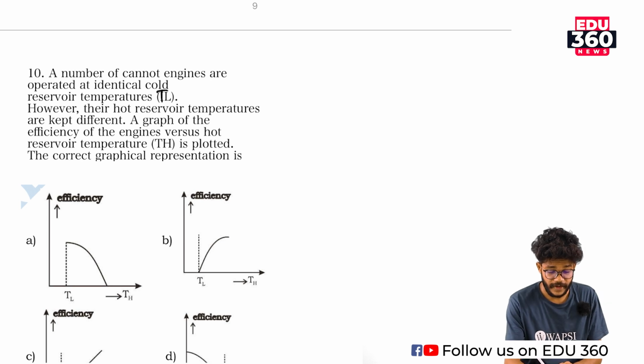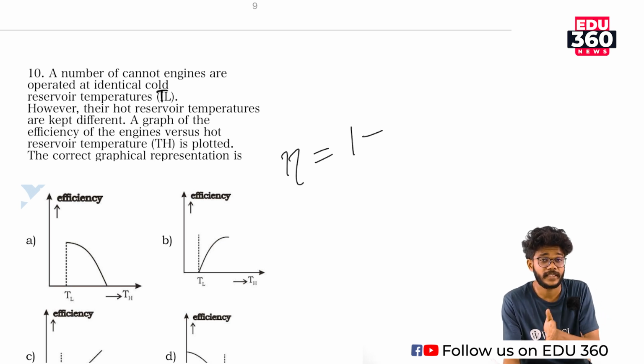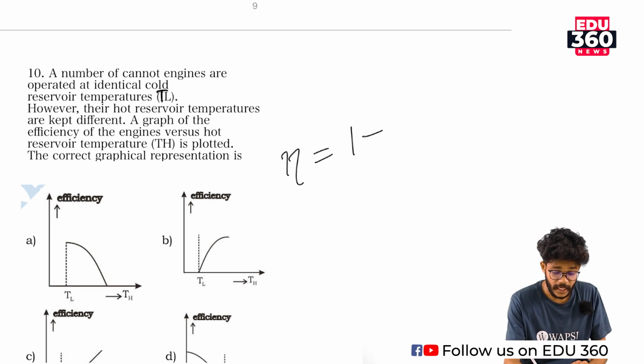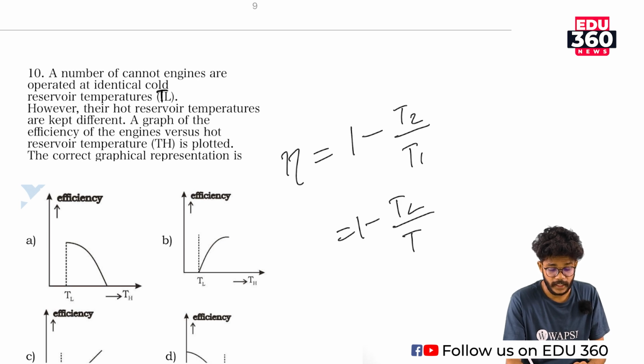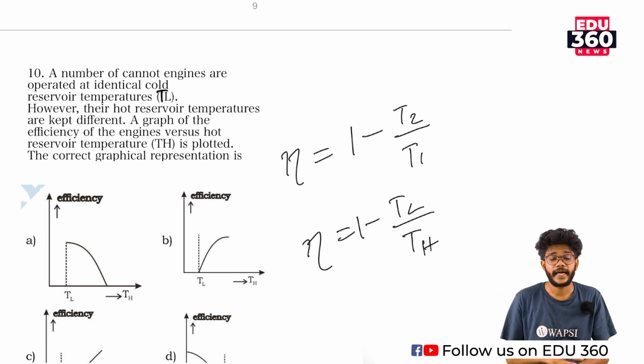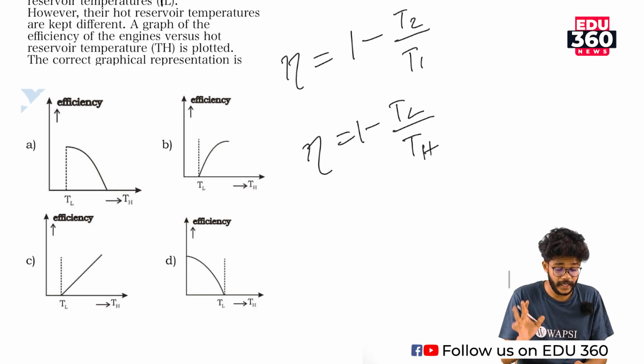We know that the efficiency eta is equal to 1 minus T2 by T1, which is equal to 1 minus the low temperature by the high temperature. That means when the high temperature TH increases, the efficiency should increase, up to a limit only.